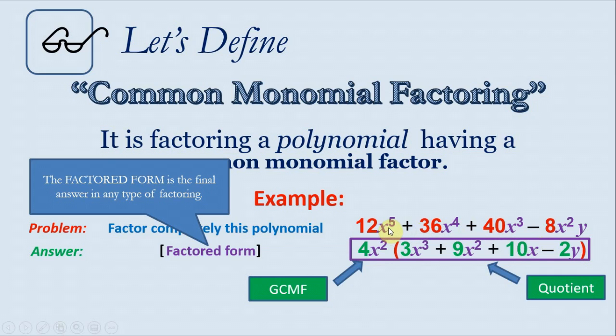X to the 5th divided by x squared is like cancelling two x values from 5 x values. Thus, only 3 x values will remain, or x to the 3rd. It is also like subtracting their exponents, such as x to the 5th minus 2, hence we will get the same answer as x to the 3rd.